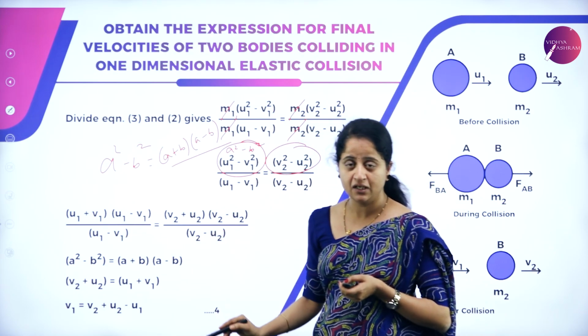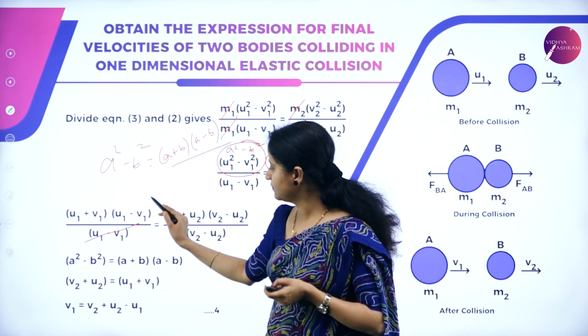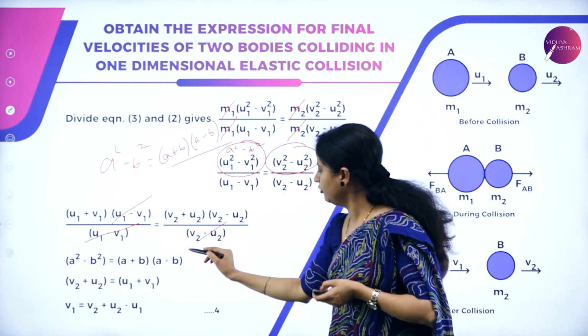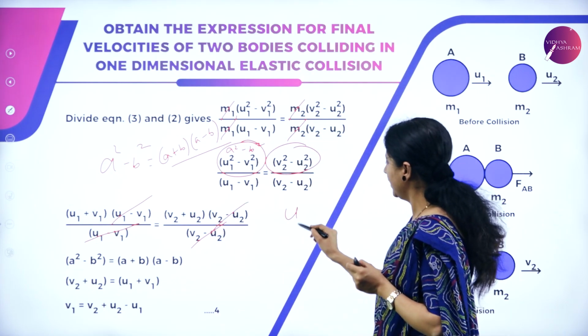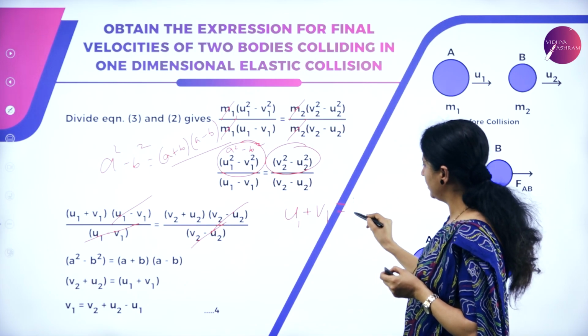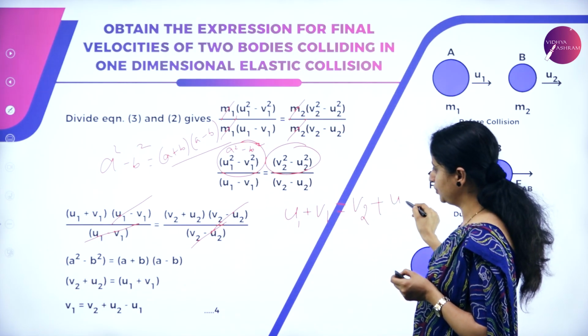Now we can cancel u1 minus v1, u1 minus v1, v2 minus u2, v2 minus u2, and we are left with u1 plus v1, which is equal to v2 plus u2.